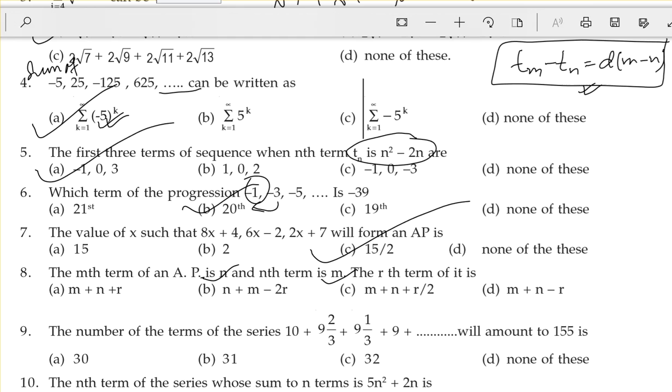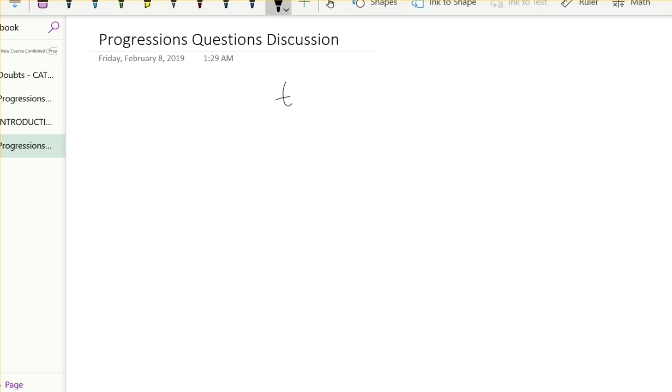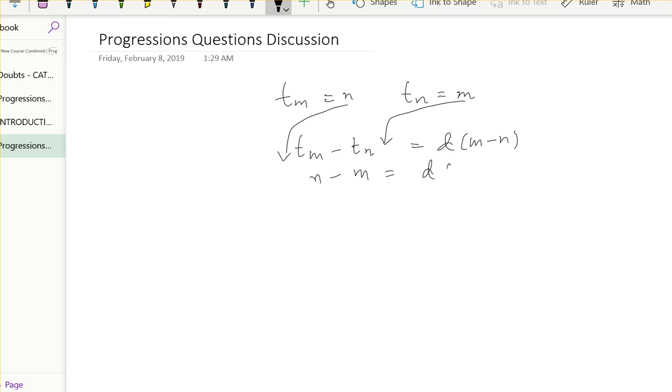So Tm minus Tn, by the formula, is d times m minus n. That means n minus m is equal to d times m minus n. D will be equal to n minus m upon m minus n, that is minus 1. We have d now in our hands.